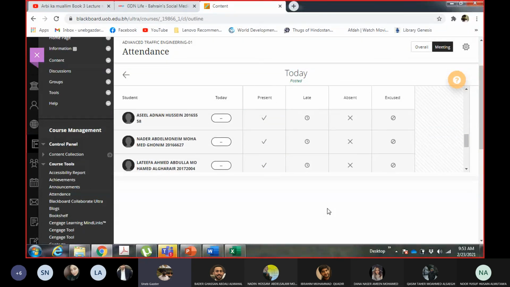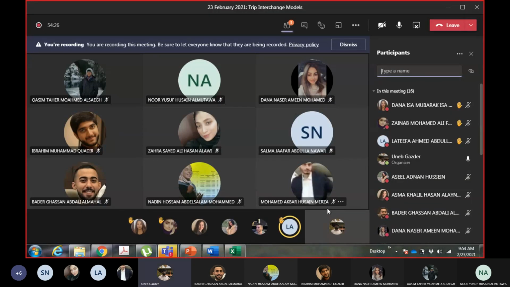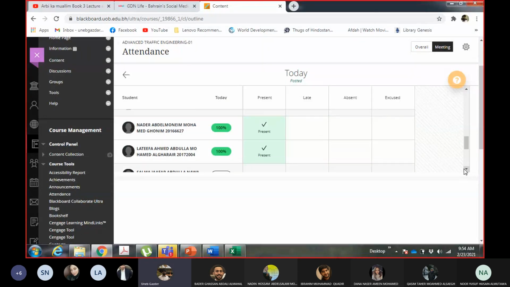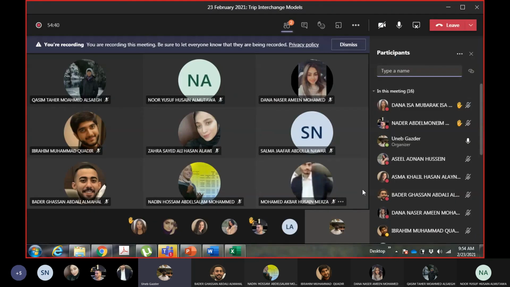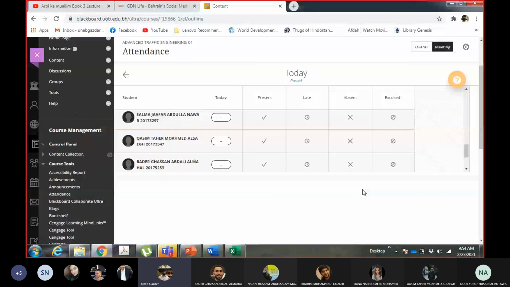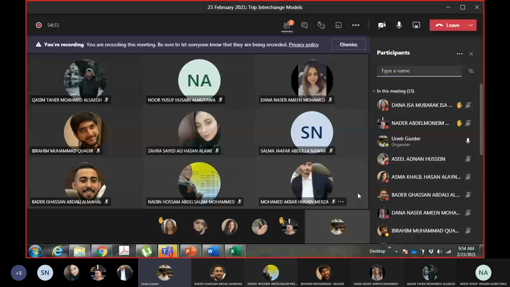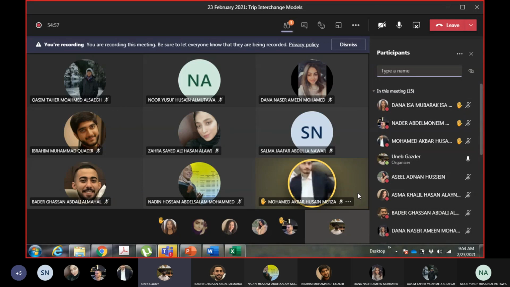Asil Adnan, Nadir Abdul Munim, Latifa Ahmed. Salma Jafar, Qasim Tahir, Badr Ghassan. Badr is here, Salma, okay. Muhammad Akbar, Ahmad Amin, Ibrahim Muhammad.